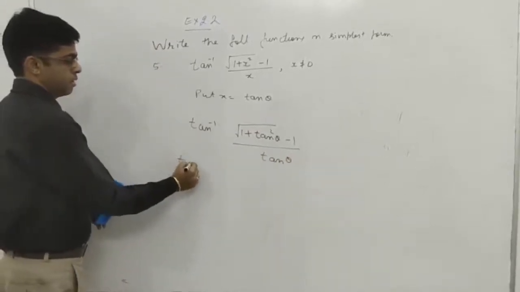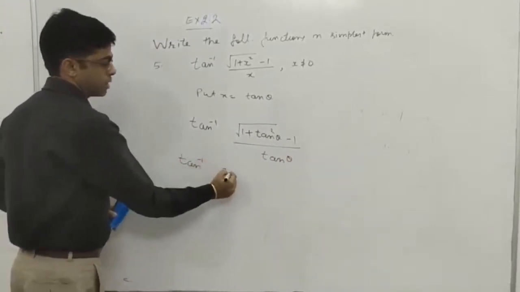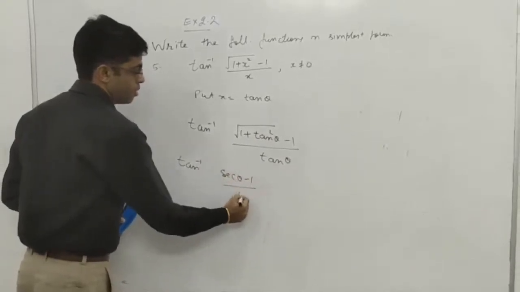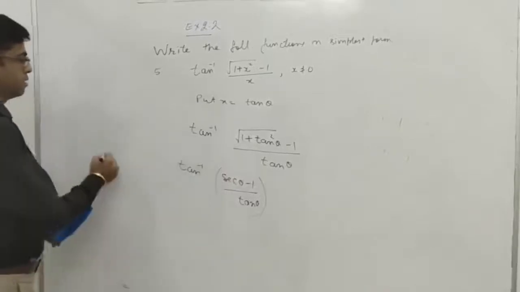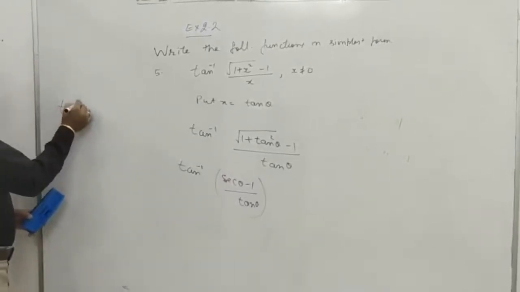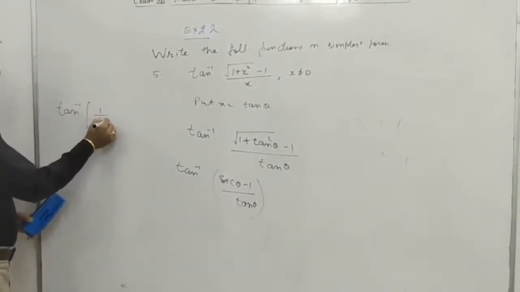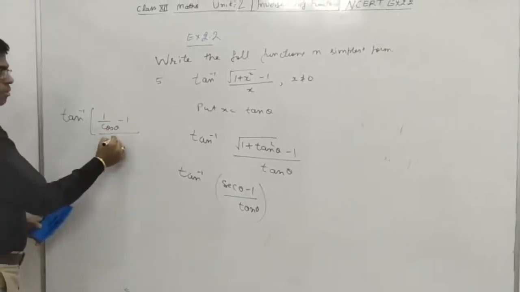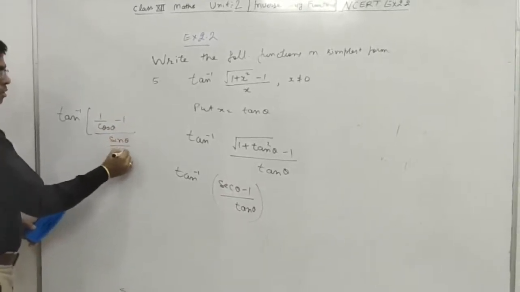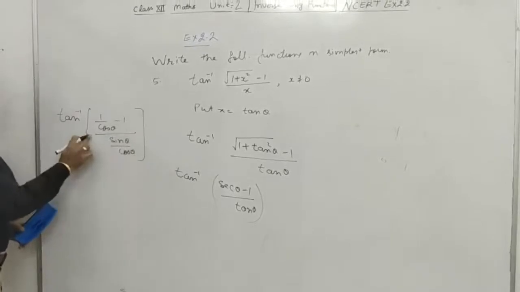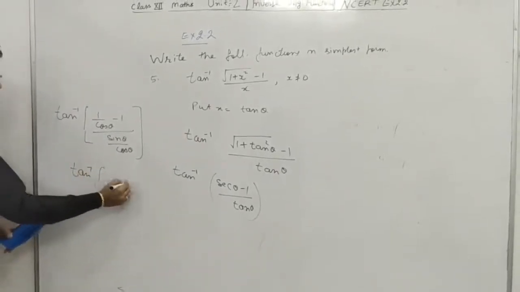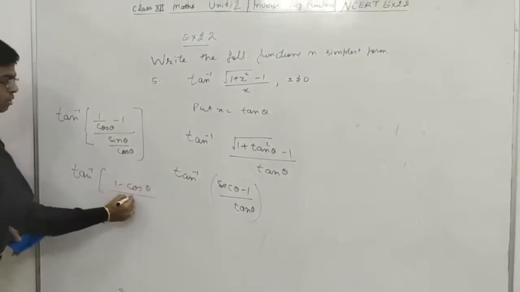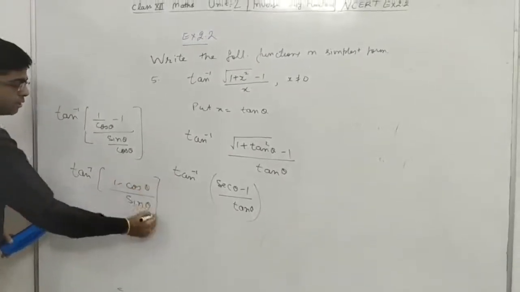So this is tan inverse of (sec square theta minus 1) upon tan theta, and sec theta is 1 upon cos, so this is tan inverse of (1 upon cos theta minus 1) upon sin theta upon cos theta, which is tan inverse of (1 minus cos theta) upon sin theta.